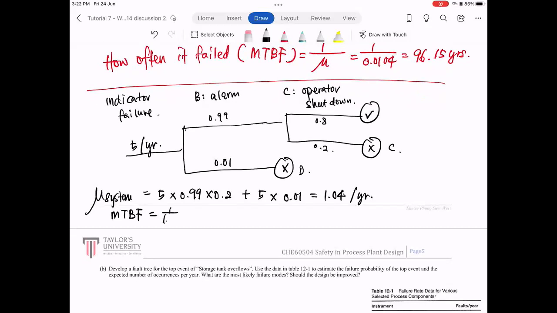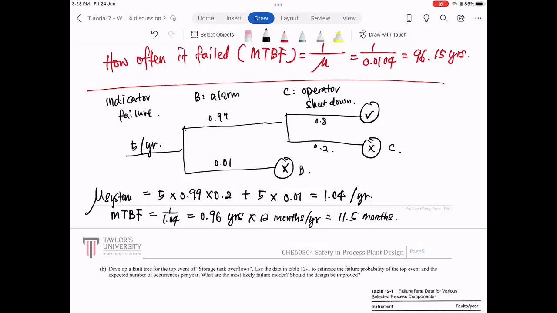So 1 over 1.04, now we notice that we have an issue here, because this will tell us every 0.96 years, times 12, which is 11.5 months.